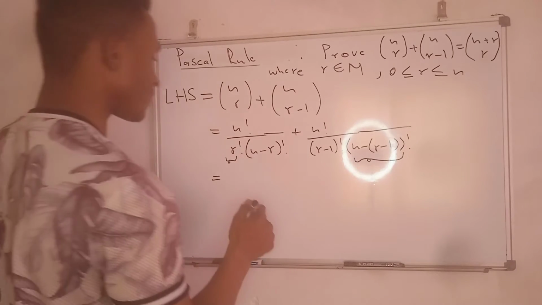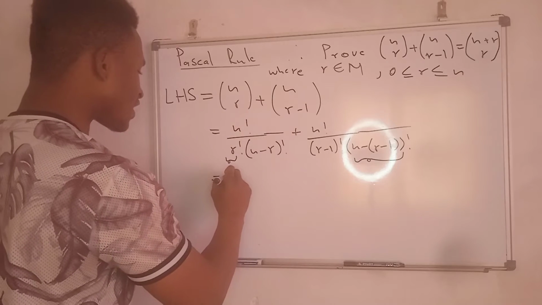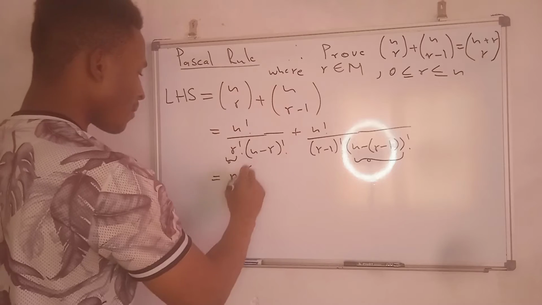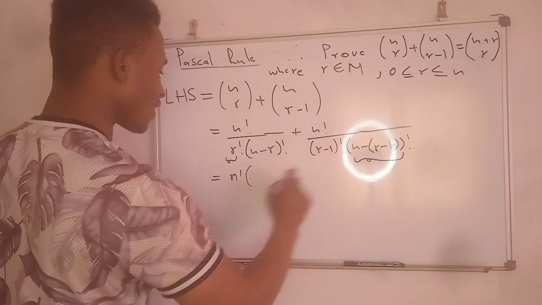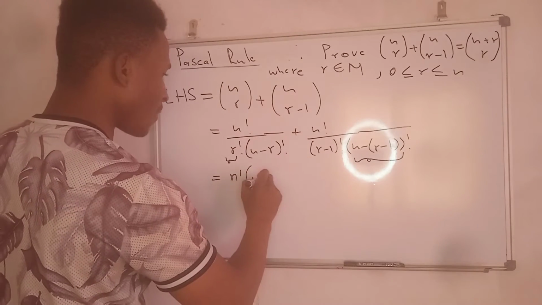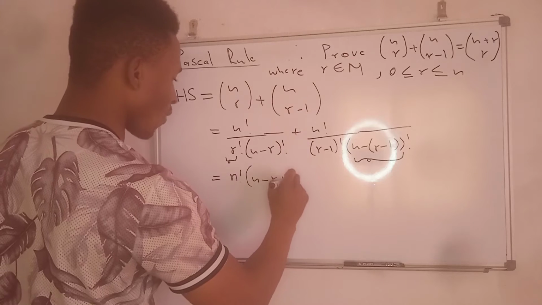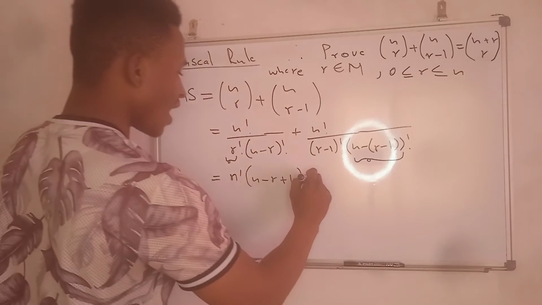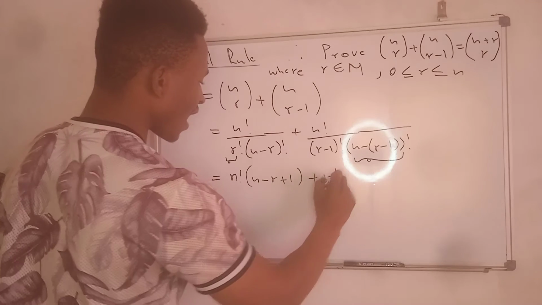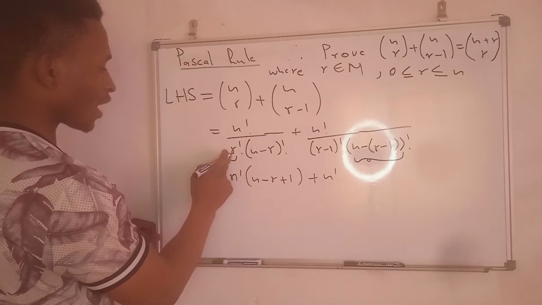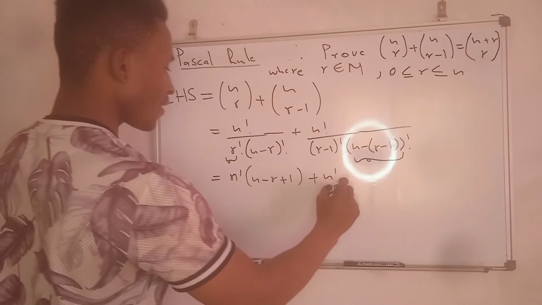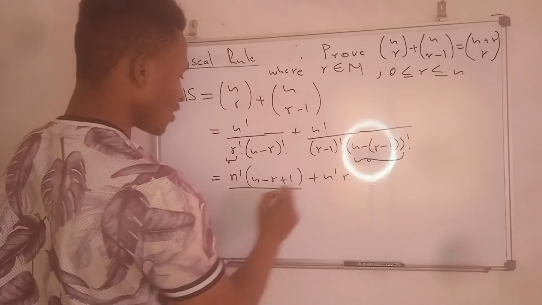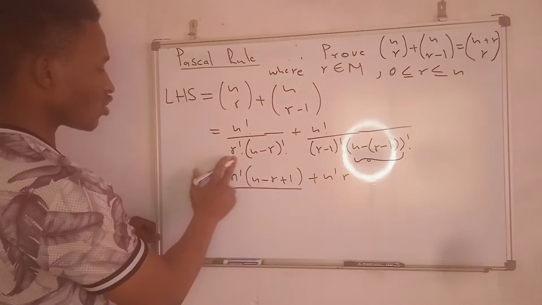common denominators. So this is the same as n factorial multiplied by this thing, which is n minus r plus 1. We are not taking the factorial, and then we can add n factorial multiplied by this r. We are not taking the factorial, don't forget, guys. So this is our denominator.